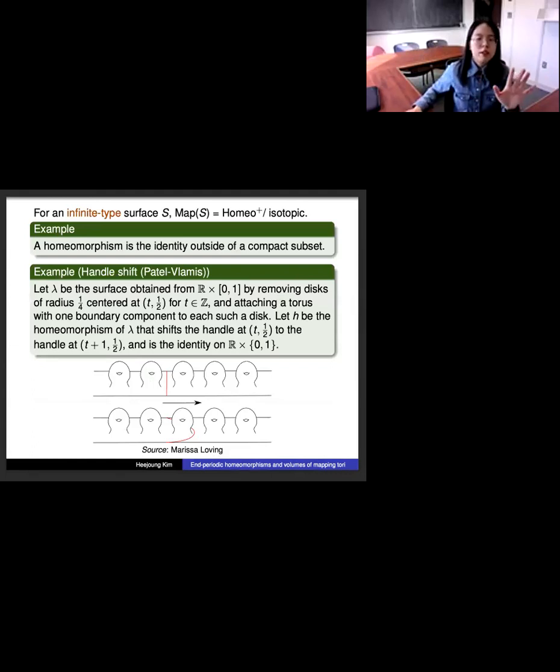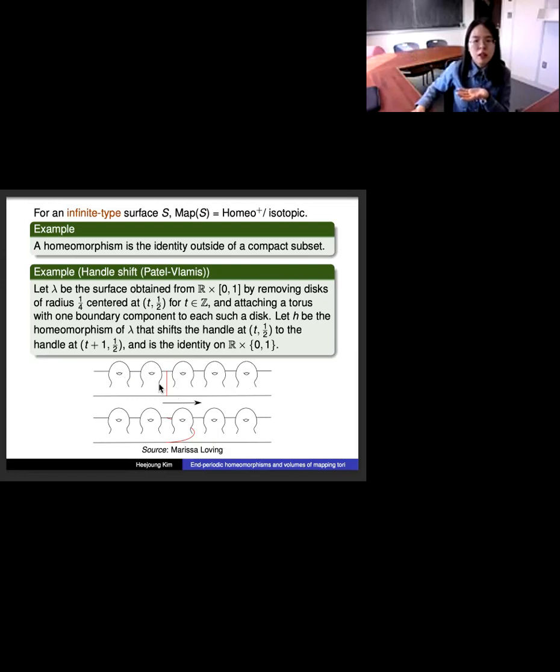So let's see the construction. Let lambda be the surface obtained from R times the unclosed interval, 0 to 1, by removing disks of radius 1/4 centered at (t, 1/2) for integer t, and then attaching a torus with one boundary component to each such disk.